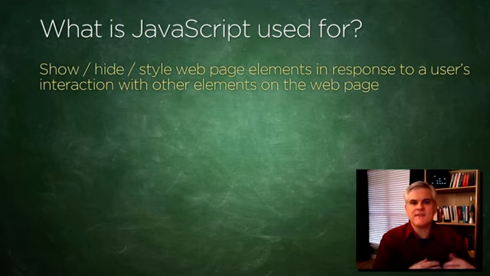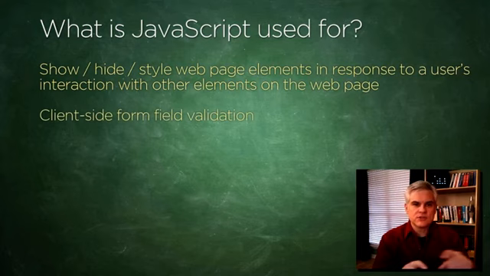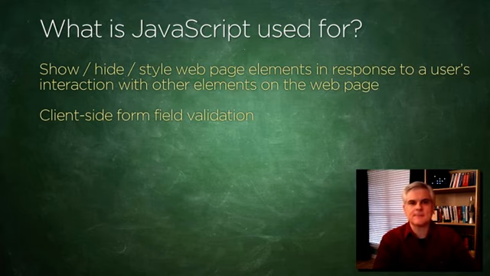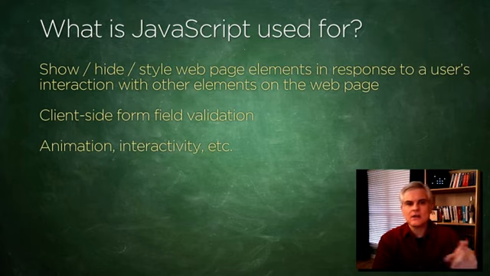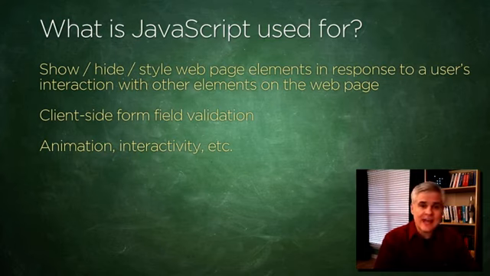JavaScript has been used to validate the entries of users into form fields embedded on the web page as a first line of defense before sending data up to the web server for processing. JavaScript has been used to animate elements on a screen, and this could include graphics that are moving around the page, or content that's sliding into place, or color or opacity transitions, and things of that nature. And I've already referenced how entire games can be loaded into the web browser, like Doom or Angry Birds.